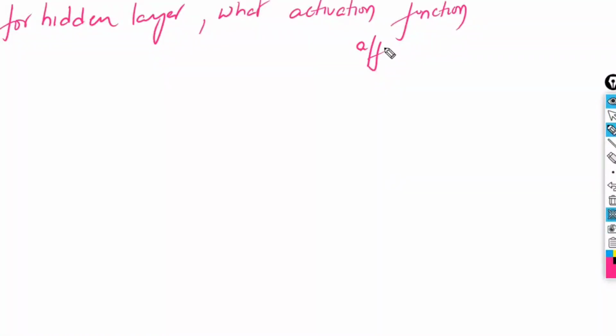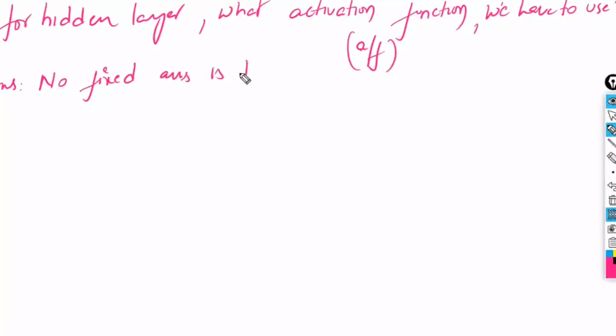Shortcut is AF. So for hidden layers, what type of activation function do we have to use? The answer is, nothing is fixed. No fixed answer is there for this. But generally, we select ReLU.